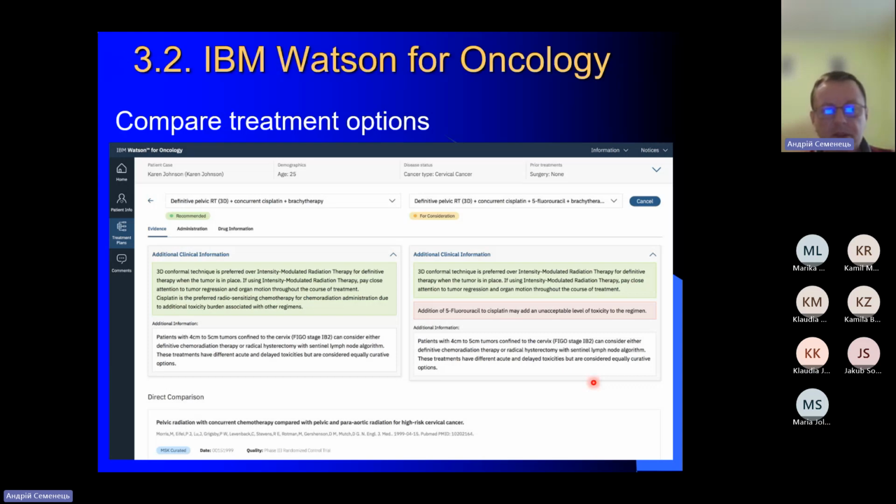And here is a comparison analysis, which is recommended for consideration. So still, despite talking about an expert system, it relies on some kind of expert or professional decision.